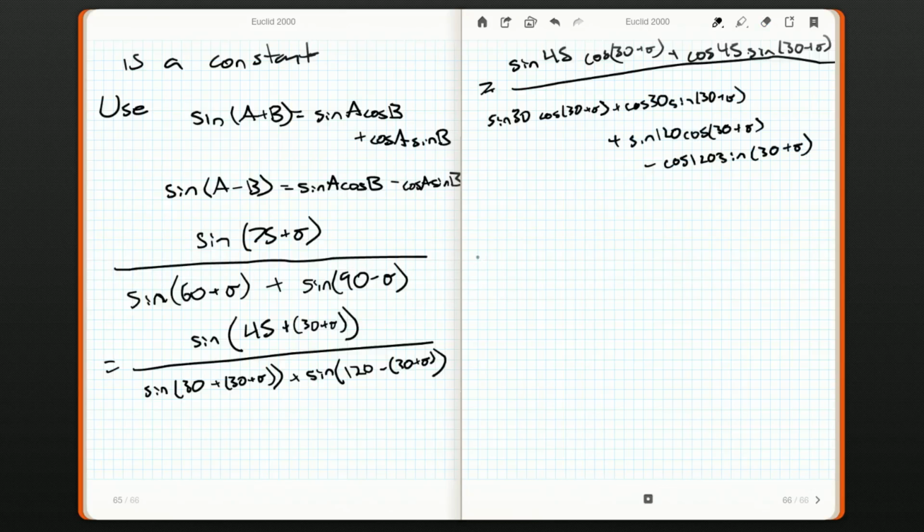Okay. So both of these are 1 over root 2, so 1 over root 2 cos 30 plus sigma plus sine 30 plus sigma.